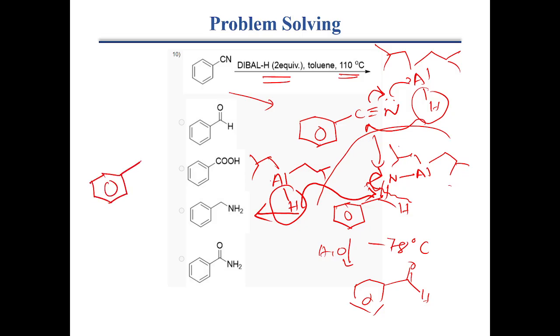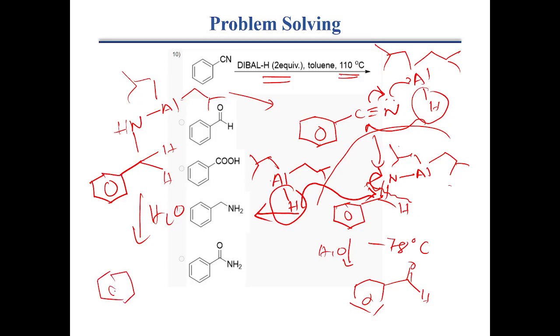This will further reduce with hydride, hydride, and so that negative charge will form after reaction. Now this will extract a proton from the system and give this one. And after the workup or water treatment, it will give this one.